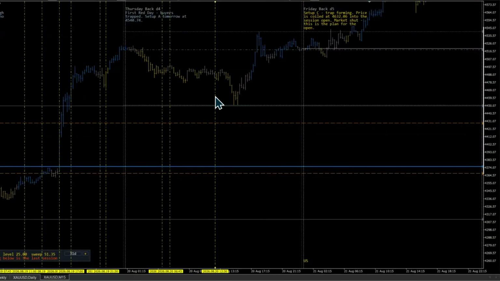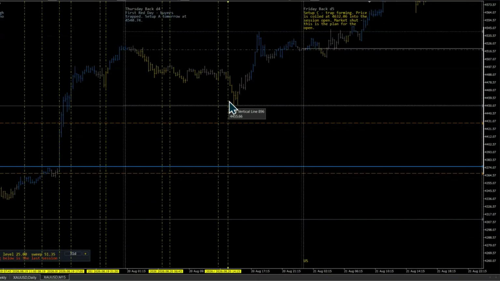This is your 220, and you see the market coming down. And then I've got 430 to 520. Guys, this is your 430, market going up into 520.